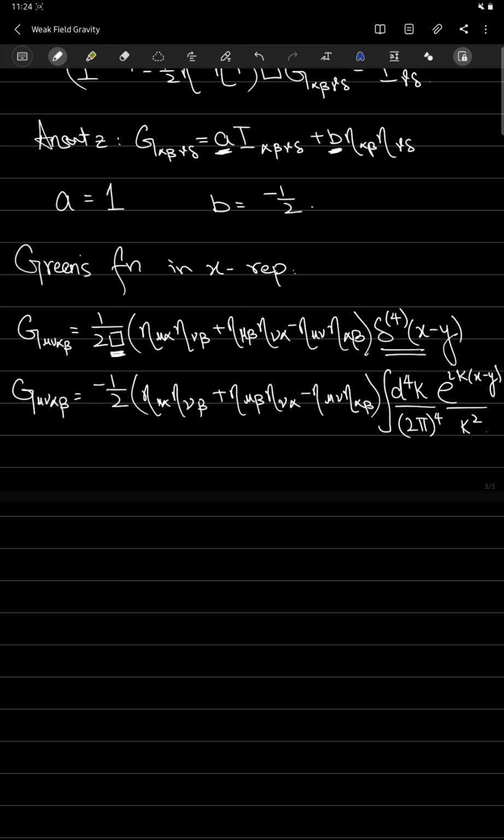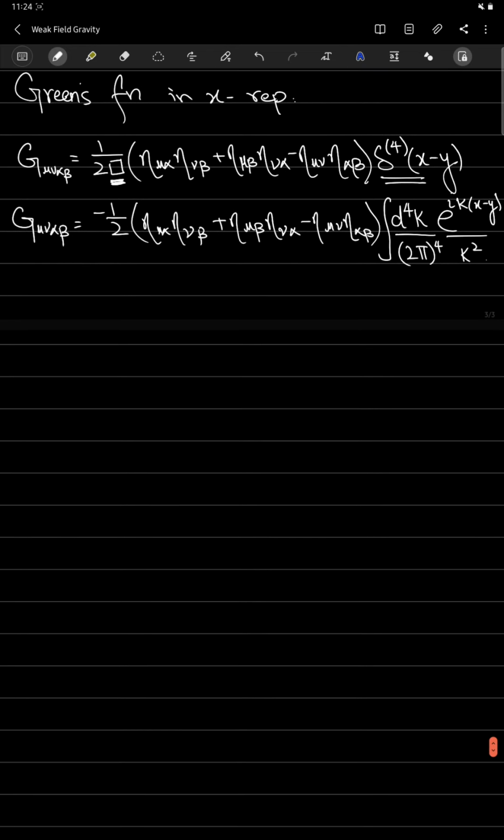Now, this Green's function, this G_{μναβ}, should be evaluated assuming some initial conditions, of course, and these are to be encoded by the choice of contour in the complex plane, right?